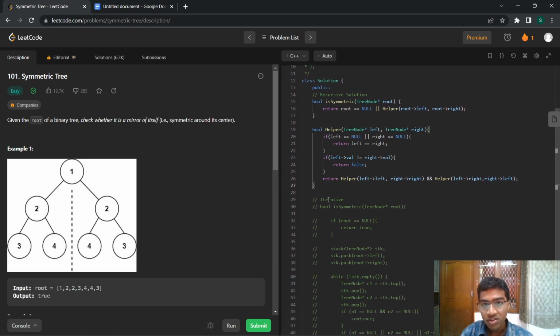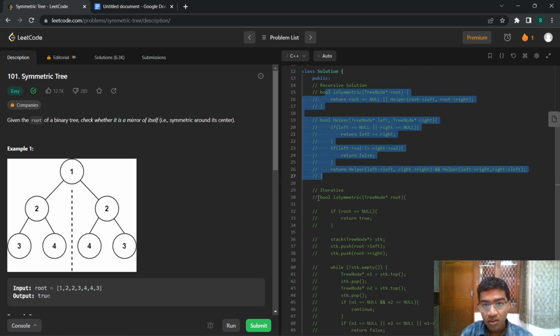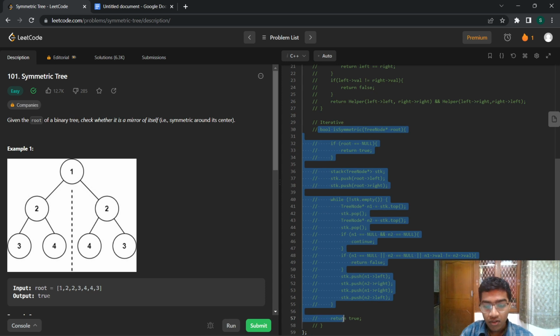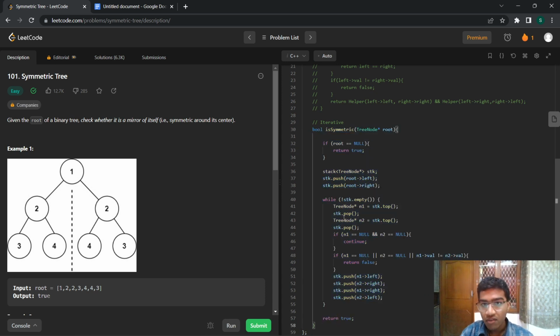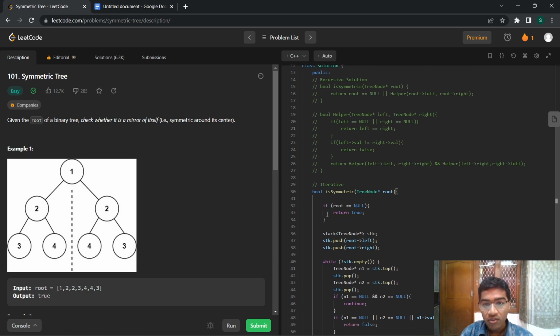Now let us discuss the iterative solution. Let me comment this out first. We know that wherever we use recursion, a stack is internally used. So we are going to approach this question using a stack. First of all, if the root is null, again the same condition, we return true.